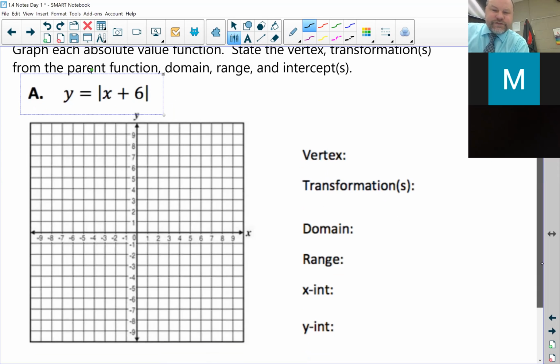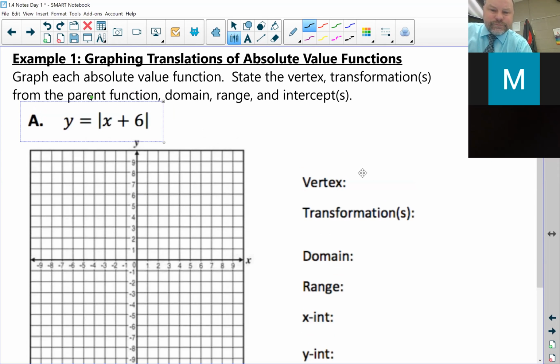So the vertex is where we're going to start. The x coordinate of the vertex is the opposite of what we're doing inside the absolute value. What is the opposite of plus 6? Minus 6. You got it. Awesome.